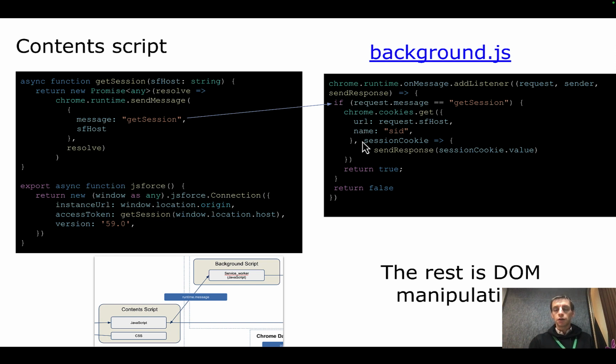On the background script, you write, on the message, for example, get session, read from the Chrome API, read the cookie, and then once you have the cookie, you can directly instantiate GSForce, and you're good to go. You can use that on your web page. And the rest is basically DOM manipulation, so fairly straightforward stuff.